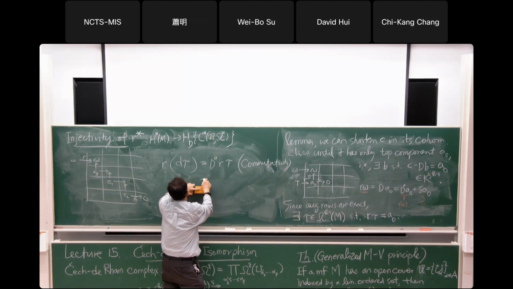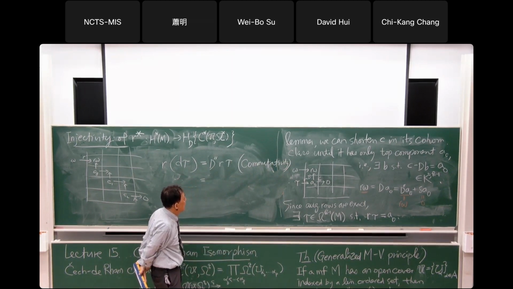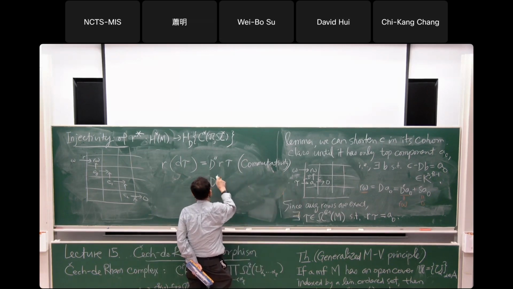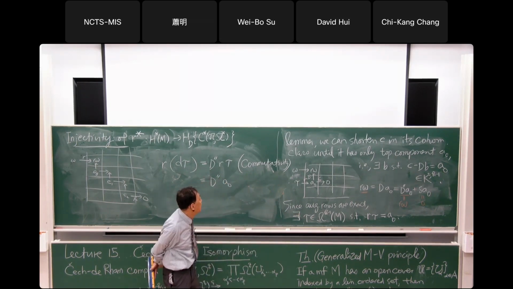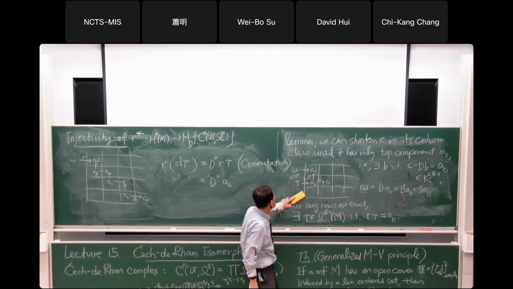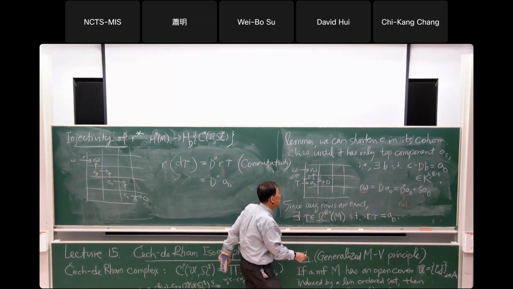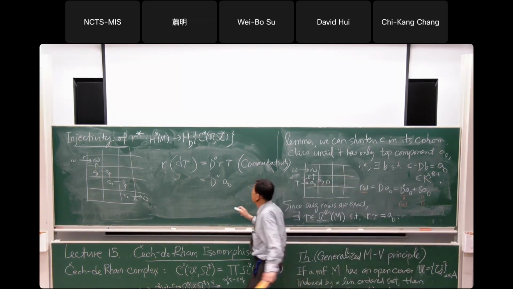And R tau is A0. And D double prime of A0 is R omega.